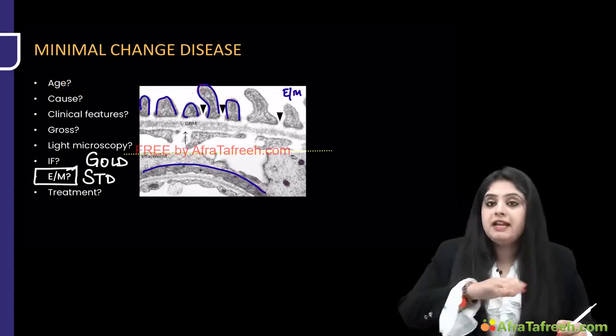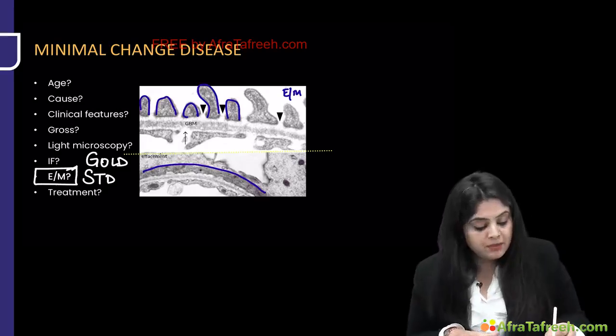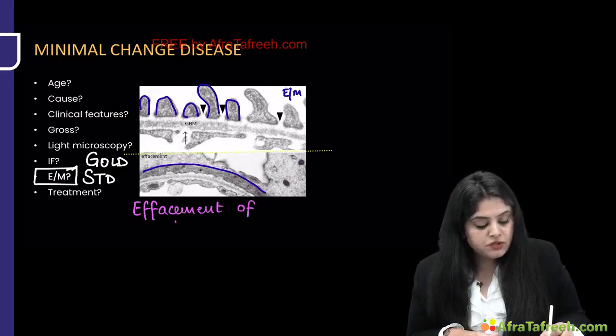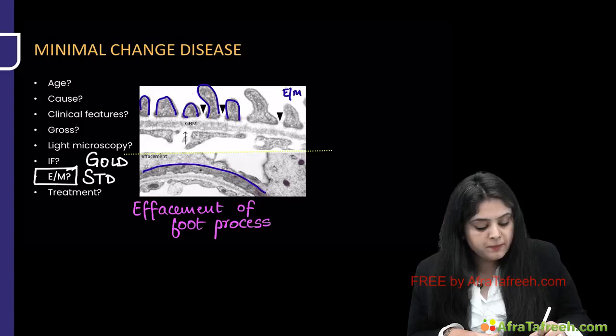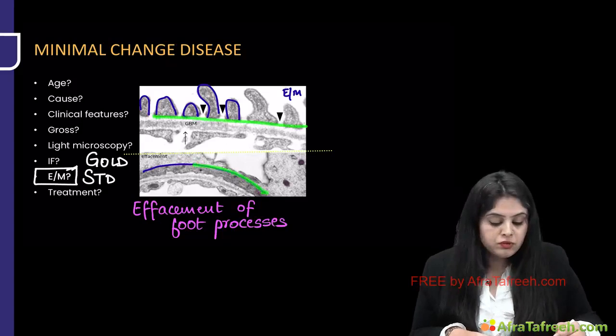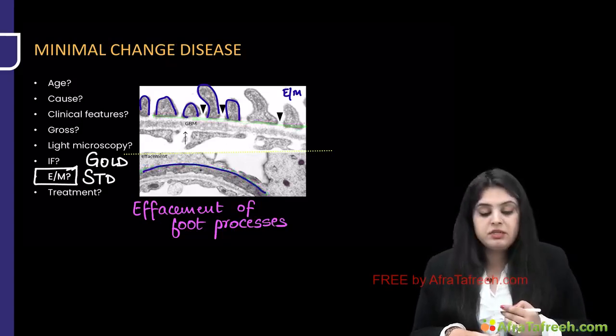This fusion and flattening out of the feet that is happening is known as effacement of the foot processes. So please remember, guys, these feet tend to almost look flattened out. Effacement of foot processes is noted, and that is minimal change disease.